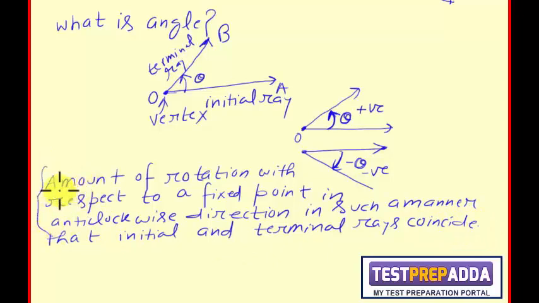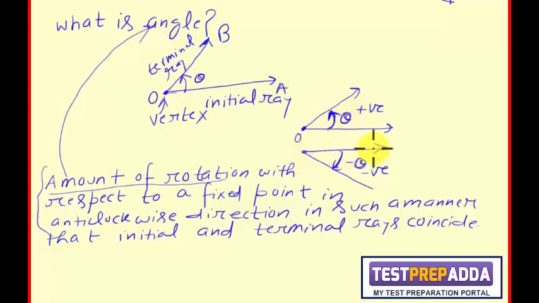This amount of rotation is called angle. The important point here is, if the initial ray is rotated about this point O in the anti-clockwise direction, then the angle will be taken as positive.